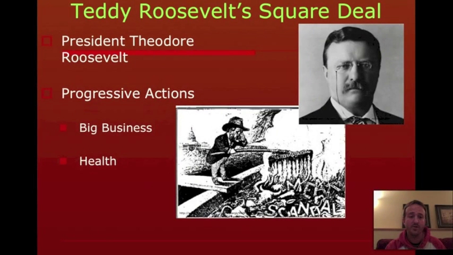A final area we can look at with the square deal is the environment. And Teddy Roosevelt is something of a nature nut. He does involve himself with nature in the wilderness, and we see that get involved with the progressive movement or his goals as president.